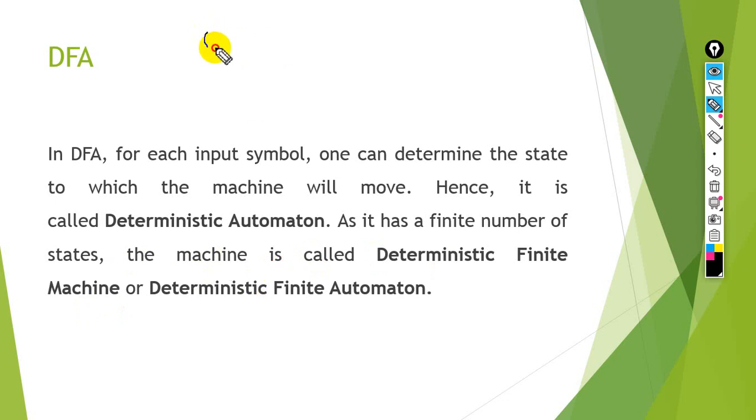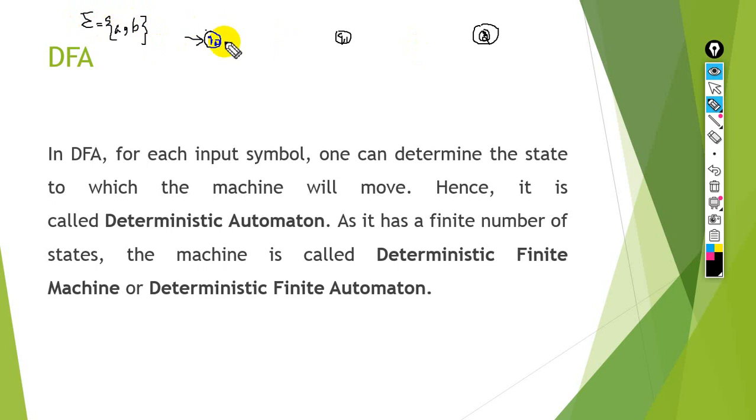For example, if I'm drawing an NFA, Q0 is the initial state, Q1 is the next state, and the third one, Q2, is the final state. You know how we represent the initial state and the final state. For example, the alphabets are A, B, so we have just two letters in this alphabet.